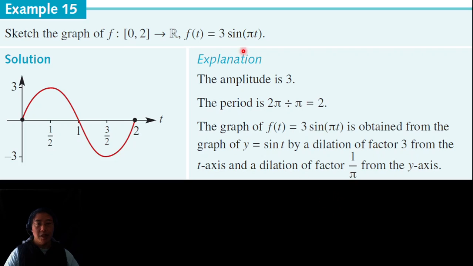Now, the 3 here tells us it's a dilation of factor 3 from the t-axis, the horizontal line, so that's why you have an amplitude of 3, and it's a dilation of factor 1 over pi from the y-axis, so instead of having a period of 2 pi, it gets shrunk to a period of 2, and that's from the y-axis.